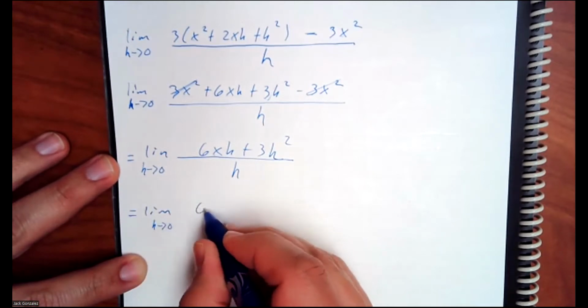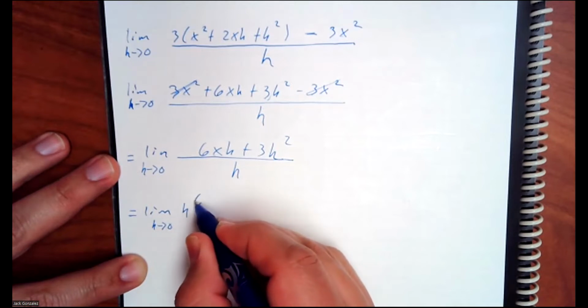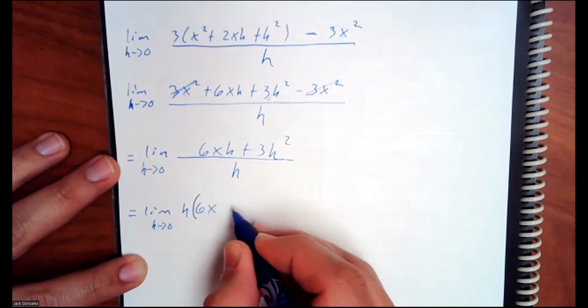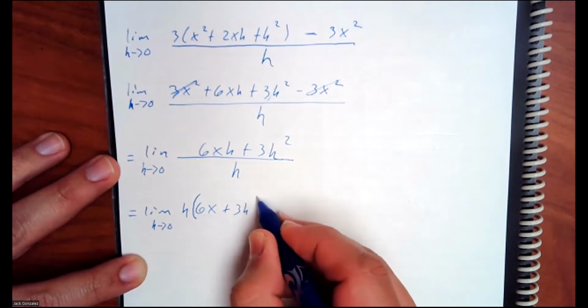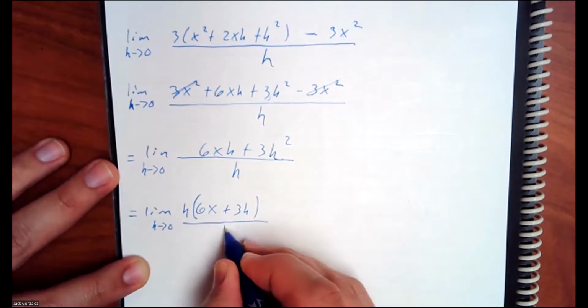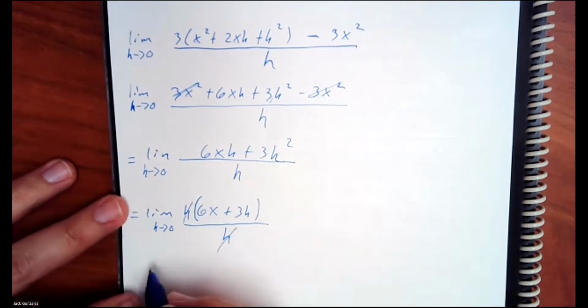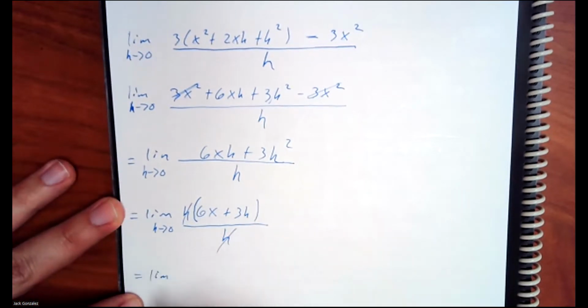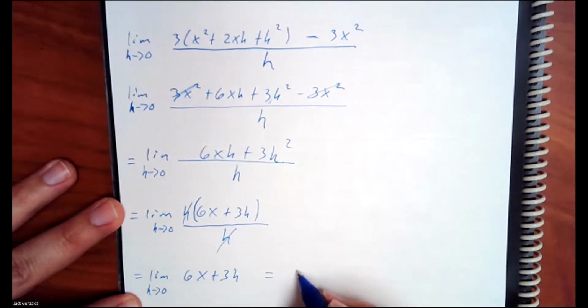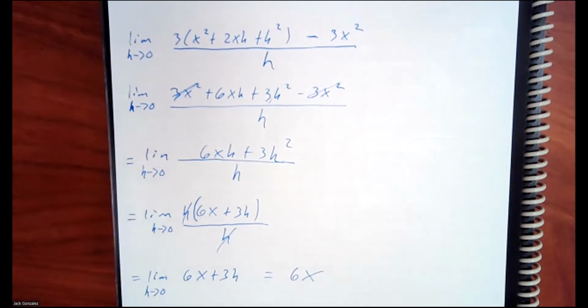Then you can take your limit finally. The h's are gone, so you can take your limit. Once you take it, you stop writing.